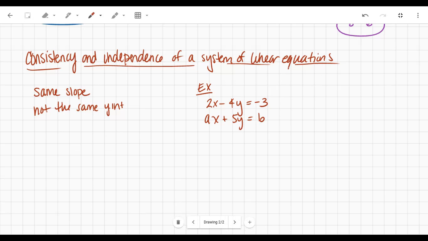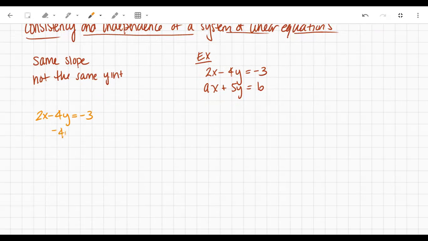So again, if we get these in slope-intercept form, if I have 2x minus 4y equals negative 3, then that'd be negative 4y equals negative 3 minus 2x. So I can divide everything by negatives to get rid of all those negatives. So y would be 3/4 plus 2/4 x.